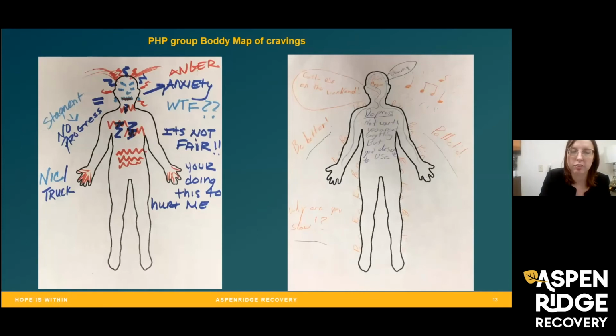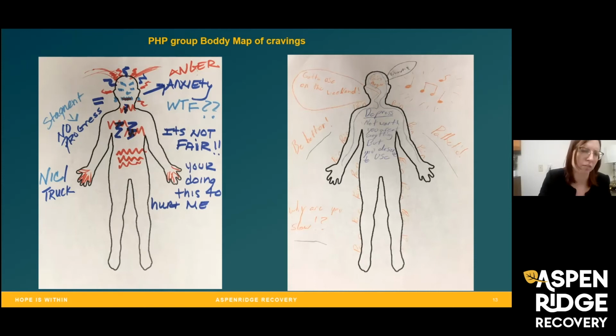On the left, one of his major treatment plan problem areas is anger. And we can see that in his artwork as well, and how anxiety and anger were very connected for him.